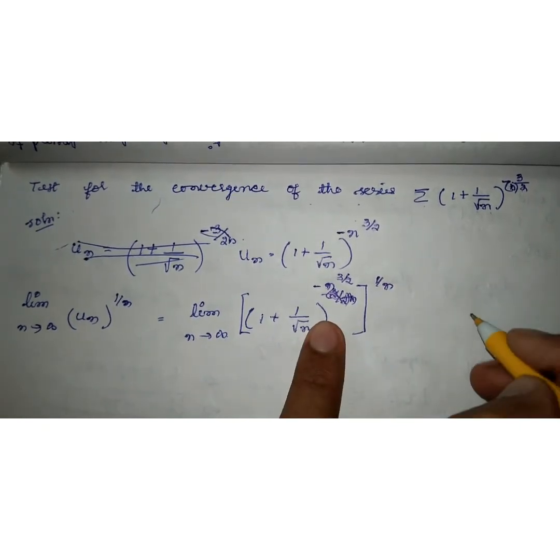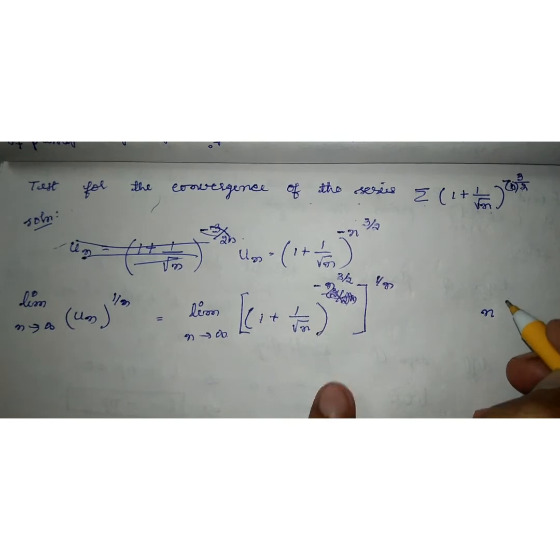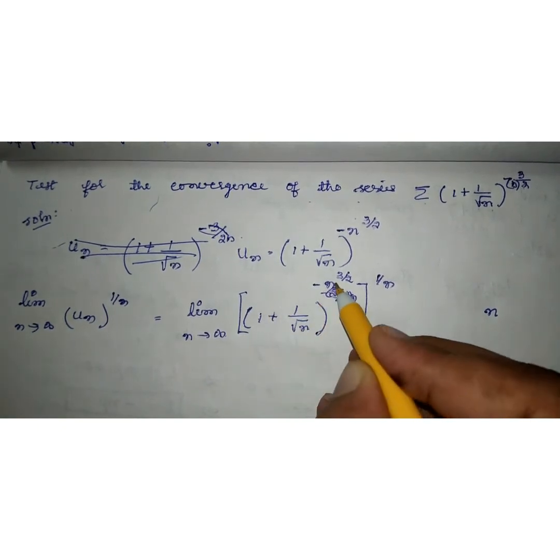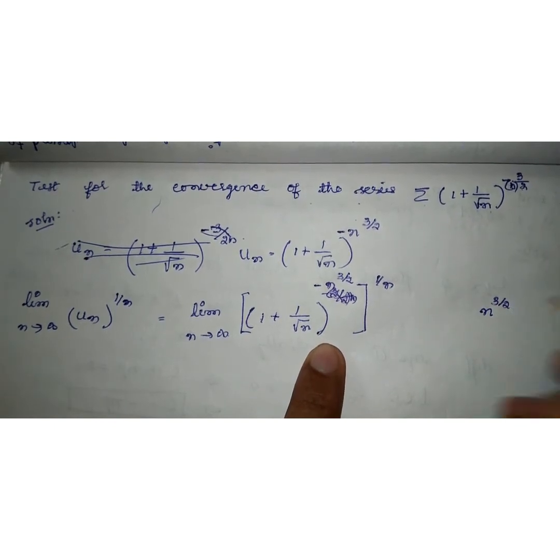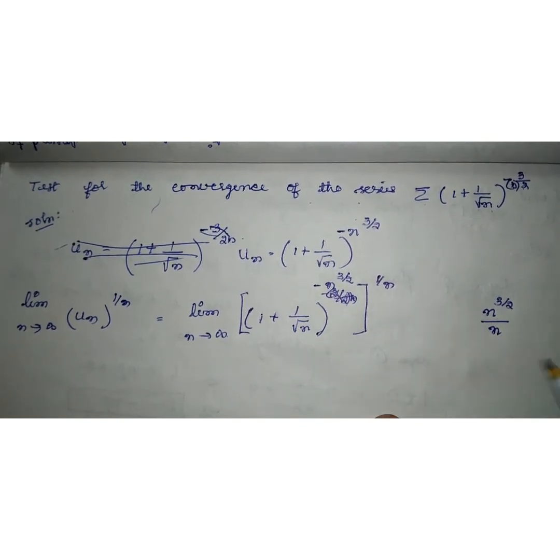Here, as per the rule a to the power m whole to the power n gives a to the power mn, it is n to the power 3 by 2 into 1 by n, so it is n to the power 3 by 2 by n.